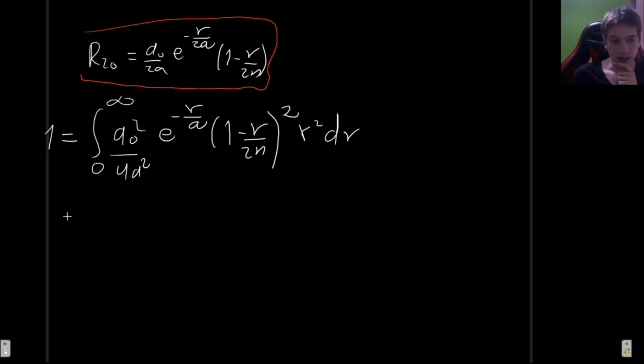So, well, now let's put the constant outside. So we got a0 squared divided by 4. The a squared I will leave in for a reason that I will explain in a minute. And then we have this thing right here. We can expand it. That's just going to be 1 minus r divided by, well, wait, this is not n, sorry, this is 2a.